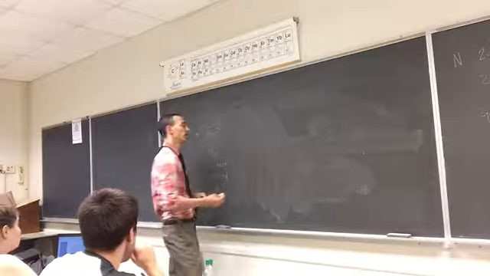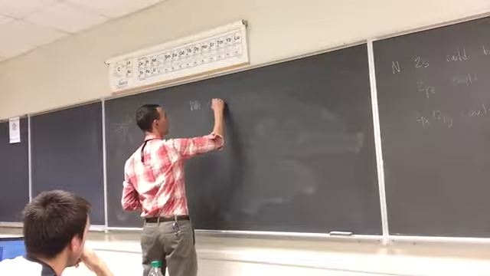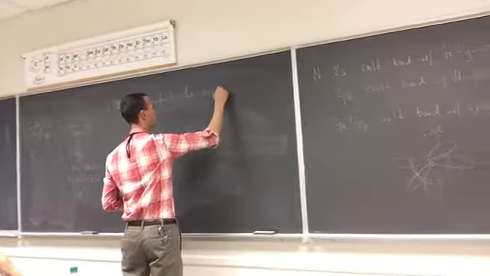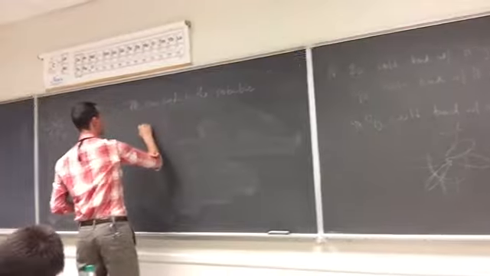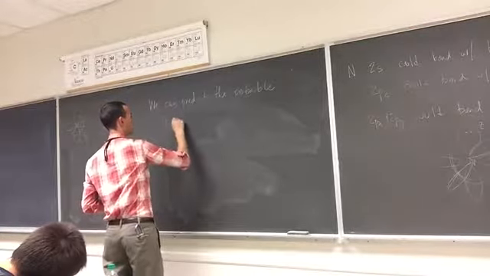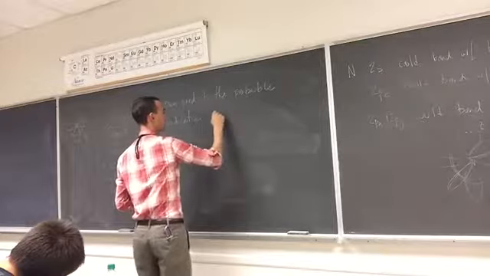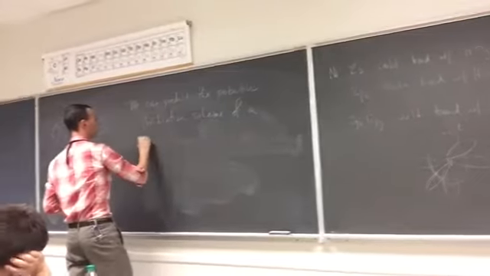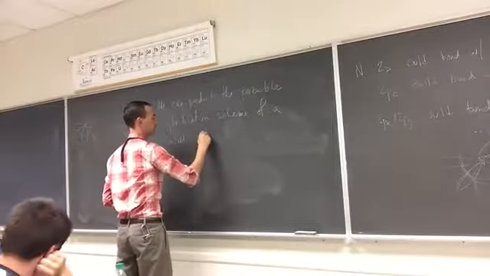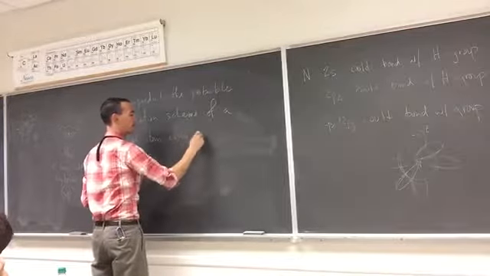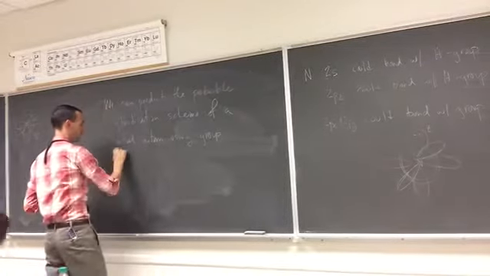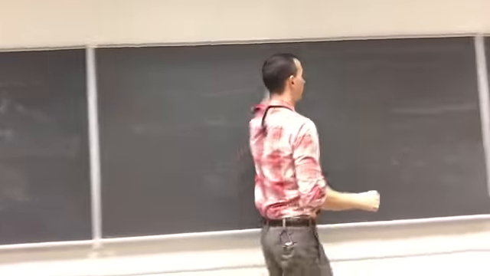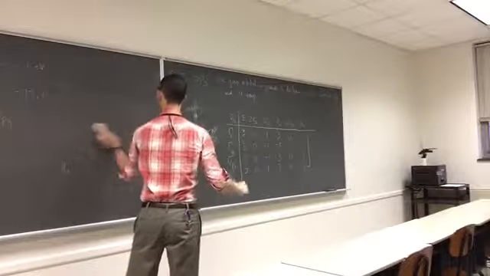So that's what I want to show you: that we can predict the probable hybridization scheme of a central atom using group theory. Okay. So let's do the case of methane, CH4.